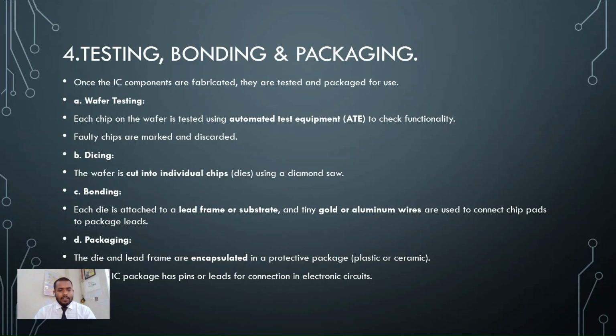D. Packaging. The die and lead frame are encapsulated in a protective package, plastic or ceramic. The final IC package has pins or leads for connection in an electronic circuit.